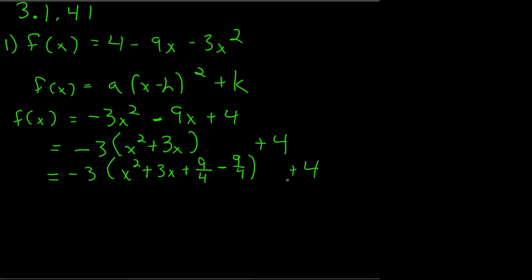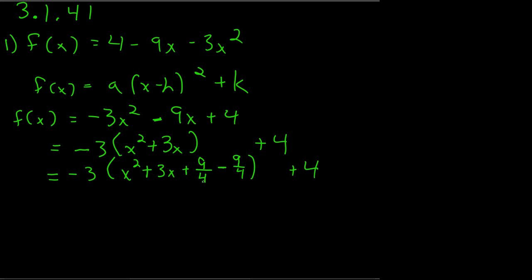But I can't change the value of what's in there, so I have to add the 9/4 and subtract the 9/4 at the same time. That's the nature of the beast with completing the square: I want the perfect square, but I can't add a number to my expression or I'll change its value.